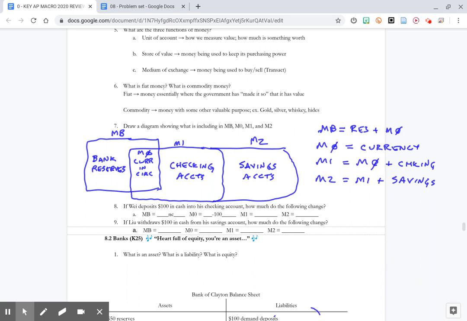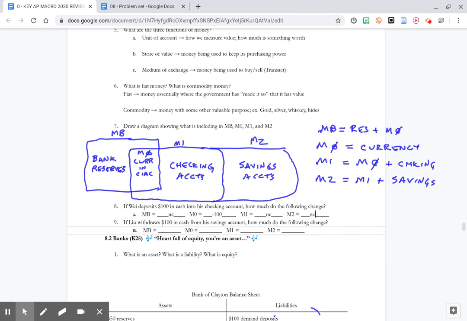But it was already in M1, in the M0 part of M1, so it just moved over and became part of the other part of M1, so there's no change here. And then with M2, he moved the currency in circulation from M0 to the checking account. But the overall size of M2 didn't change. We just moved money from one spot to another, so there's no change there.